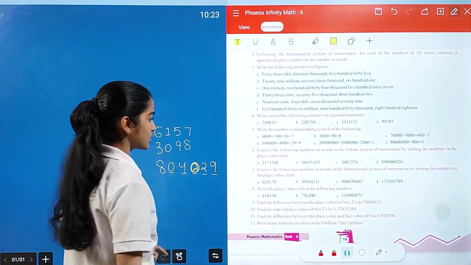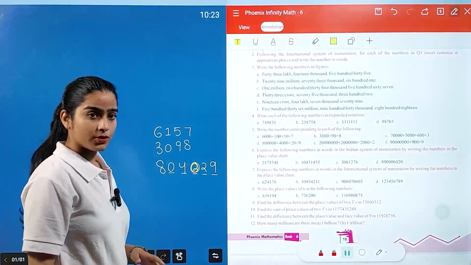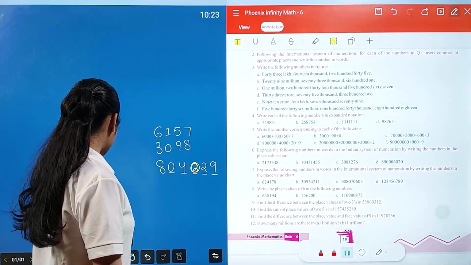This is the correct way of representing it. So the rest of the parts you have to solve on your own as I do similarly.